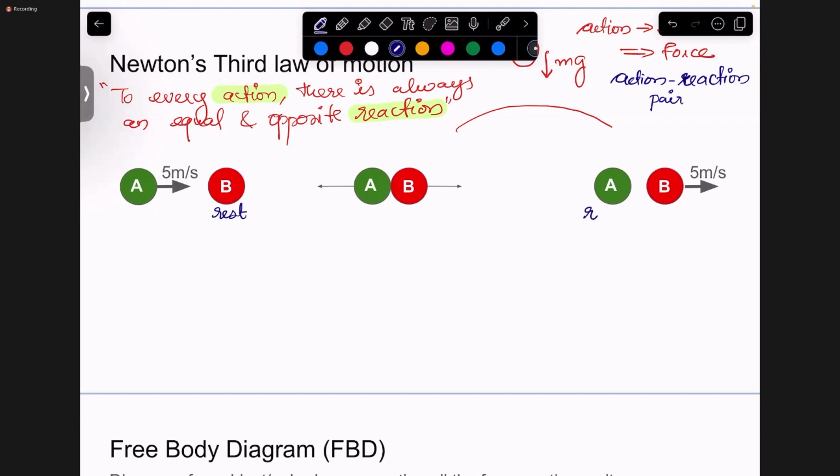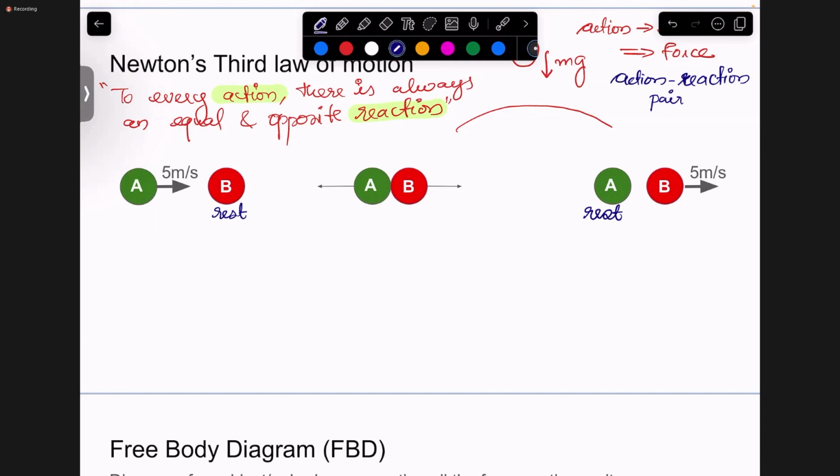This is something called an elastic collision. We will be learning about it in the next chapter. In an elastic collision, momentum is conserved, which means initial momentum is equal to final momentum. The initial momentum of the system will be equal to the final momentum of the system.